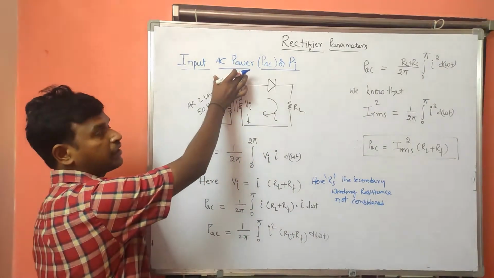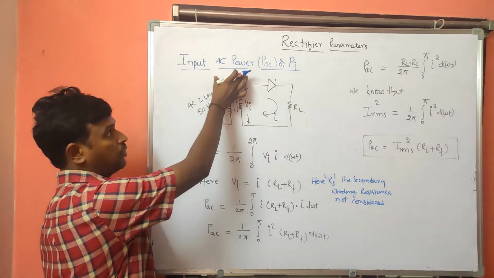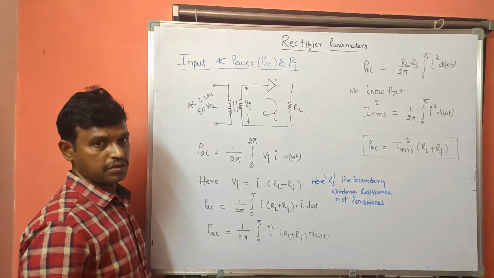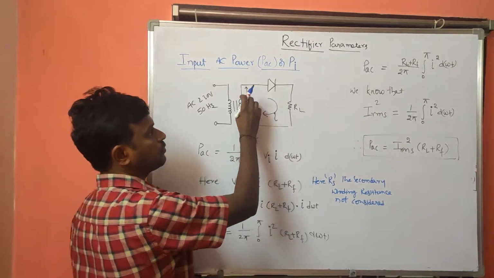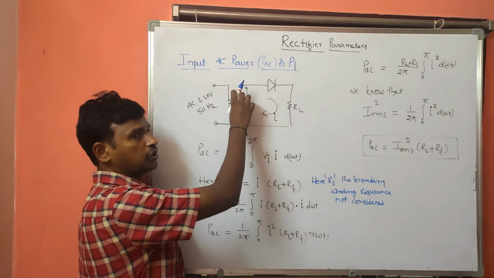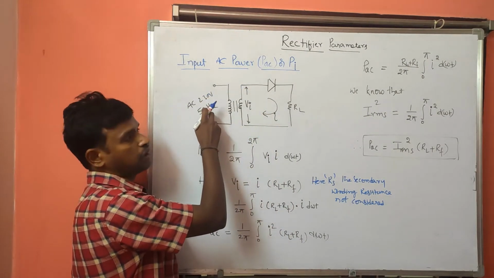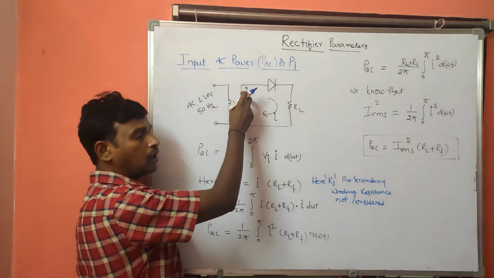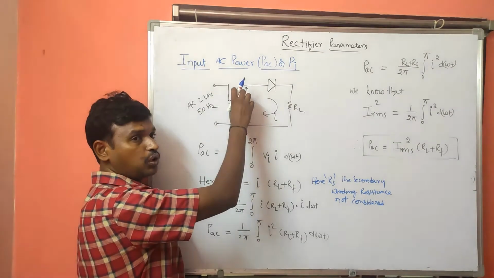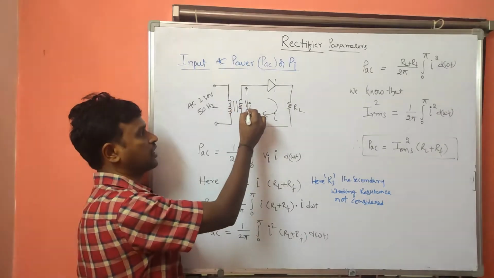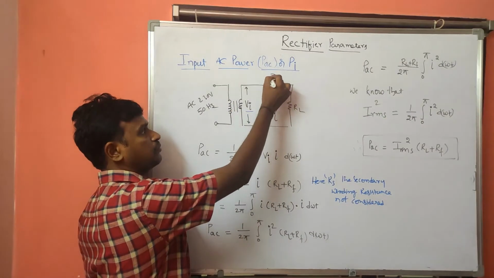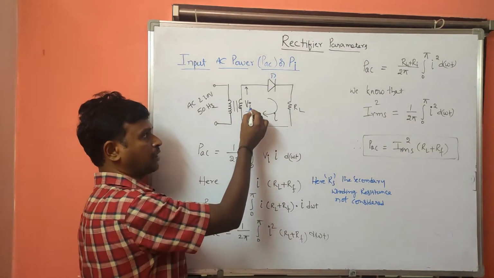Now we will calculate the AC input power, PAC. So what is the input here? The input is actually 230 volts 50 Hz, but here the voltage across the secondary winding we will consider as the input for our diode. That input I am taking as Vi.